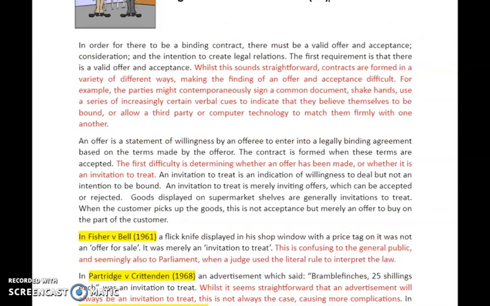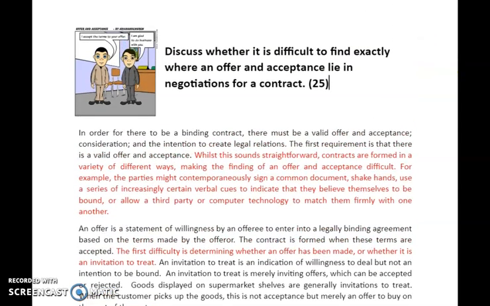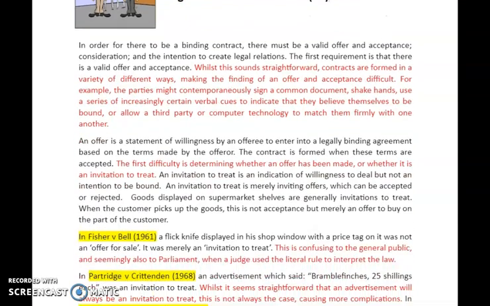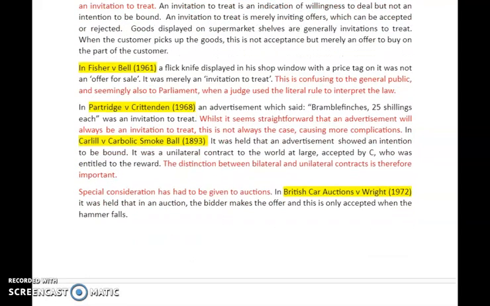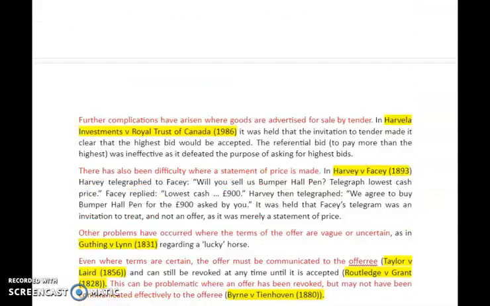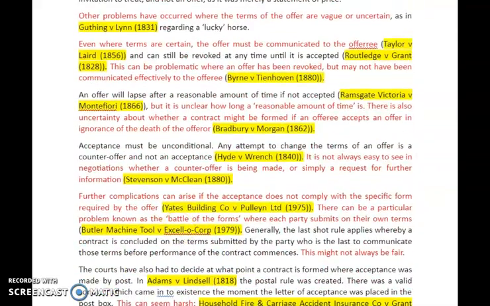That's where you are either praising the law or criticising the law, giving a view on it. The red font is really important in an evaluative essay where you're being asked to discuss something. And to make it easier to see on this recording, I've also highlighted in yellow the cases that I'm using in this answer.